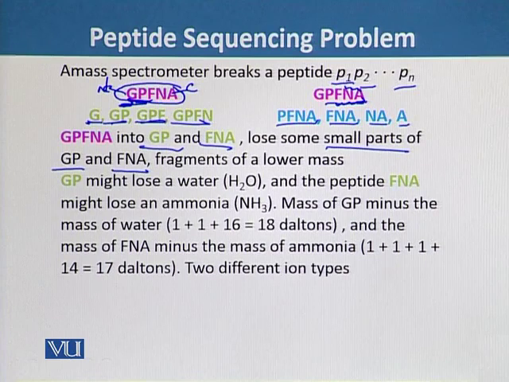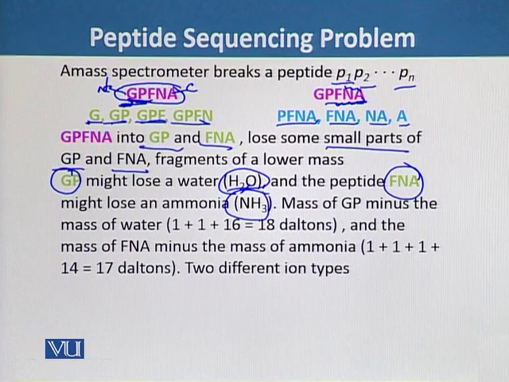For example, the peptide GP may lose a water molecule, so the mass of GP will be reduced. Similarly, the peptide FNA might lose a molecule of ammonia, and again the peptide mass will be reduced.